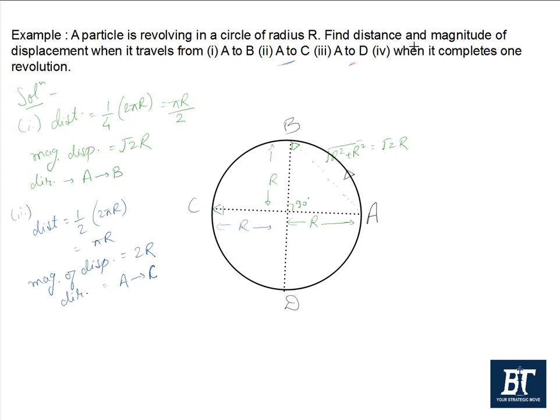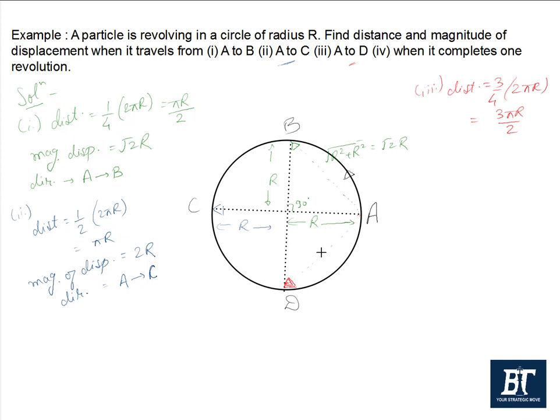In the next part, we have to find distance and magnitude of displacement when it travels from point A to point D. So length of this part will be 3 by 4 times the length of total circumference. So it will be 3 pi r by 2. And for displacement, we have to join initial and final point.